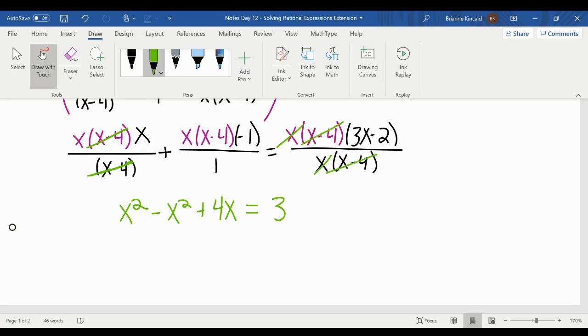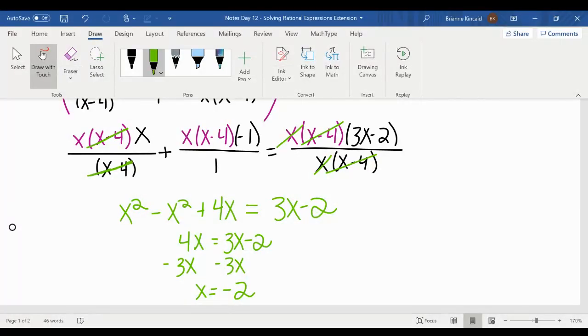You simply have 3x minus 2. What's going to happen on the left side of the equation is the x squareds are going to cancel out. We have 4x equals 3x minus 2. And then I need to solve, so I'm going to subtract 3x on both sides and get x equals negative 2.